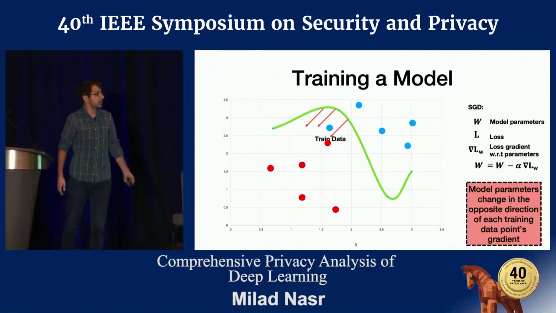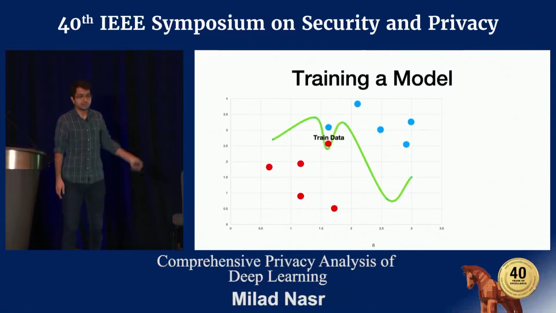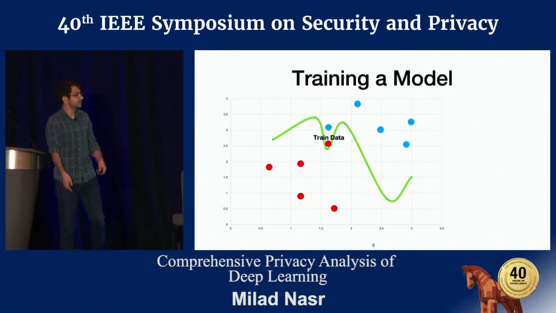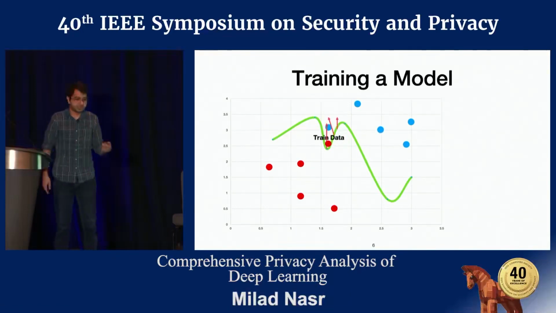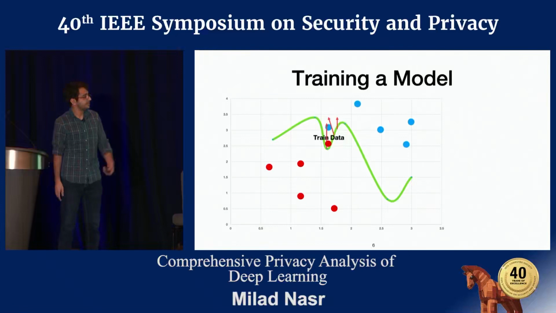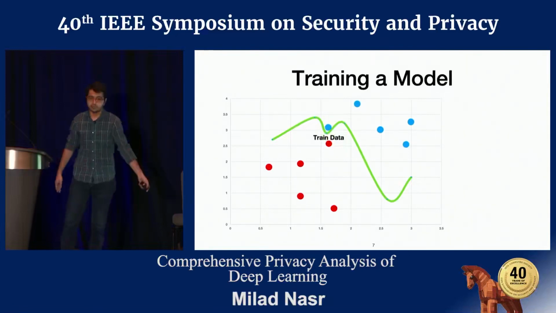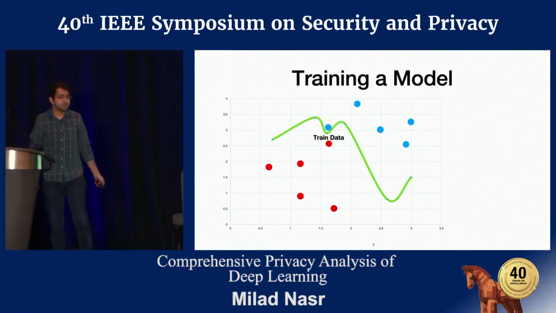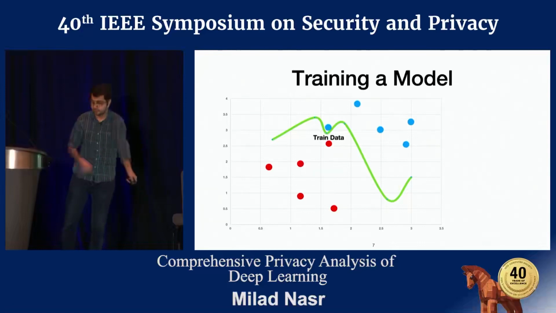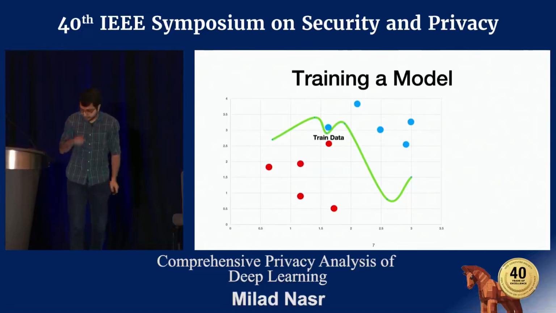Sometimes SGD is not perfect, and you will go and make some other mistake. So SGD is an iterative algorithm. You do the same thing several times, and after a few iterations, you converge to a good point, and you will be happy with your model and will use it.